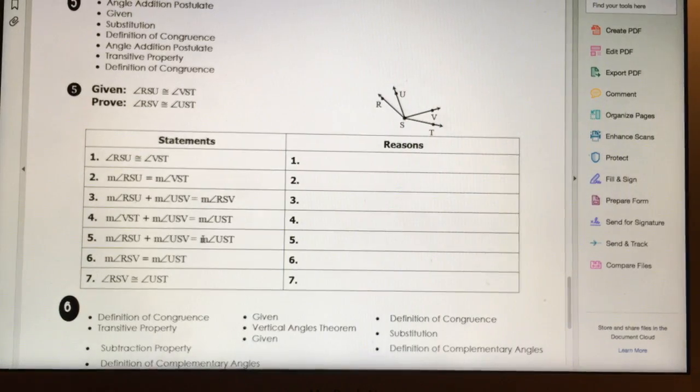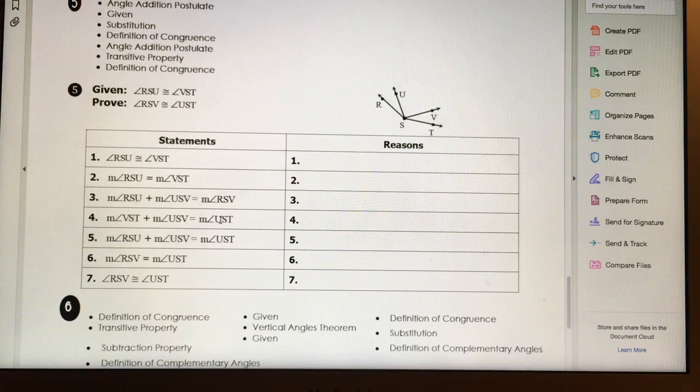So now, what happened here? So 3 and 4 were both angle addition postulate. And then notice what's changed here. So we're starting with this equation. We still have that on the right side. We still are adding the measure of angle USV, but it's switched from the measure of angle VST to the measure of angle RSU.